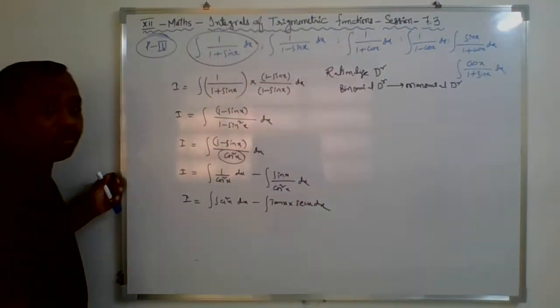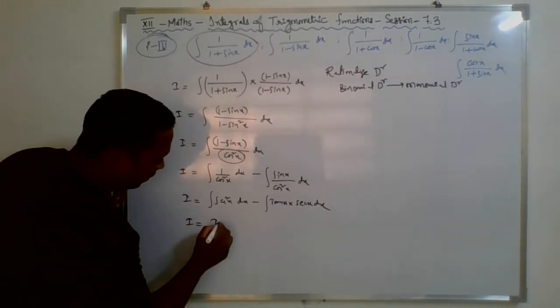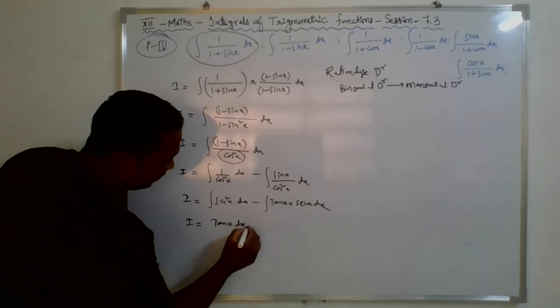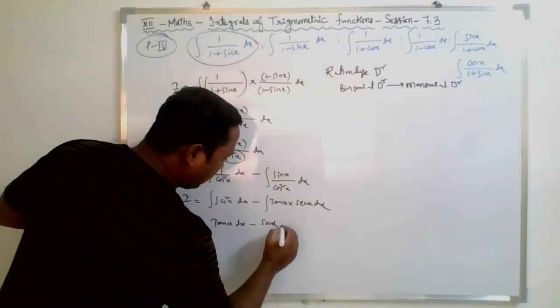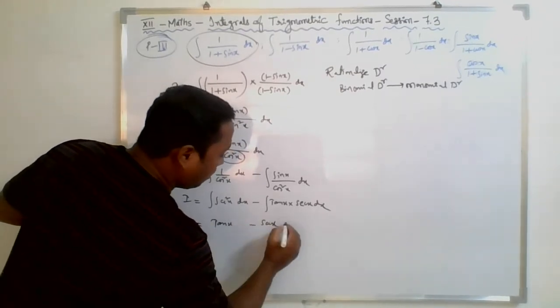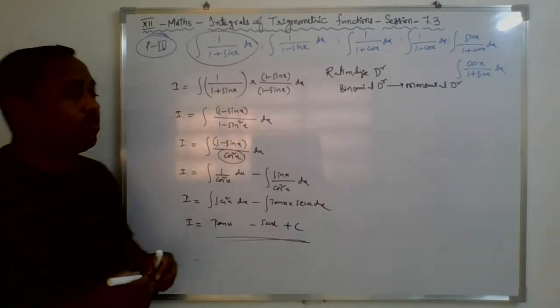These become the standard formulas: the integral of sec square x becomes tan x, and sec x tan x becomes sec x, plus c. The answer is over.